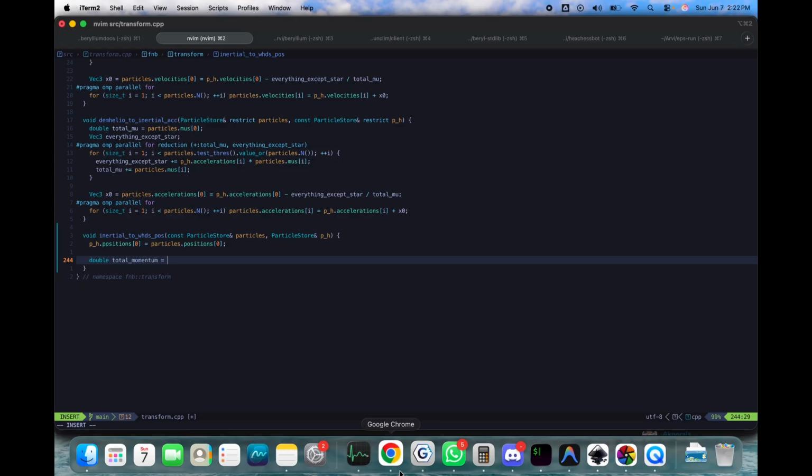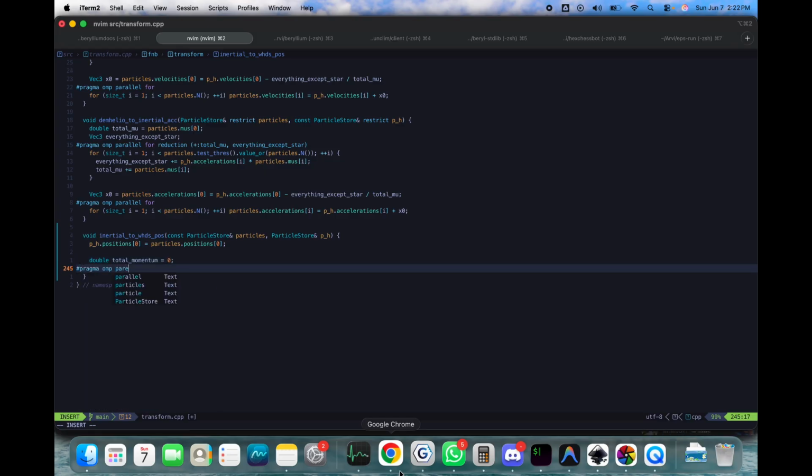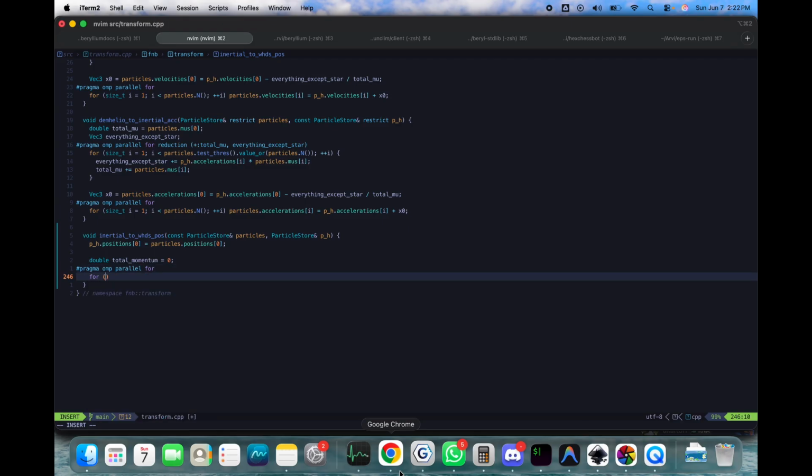That makes sense. Now P0 is the total system momentum, and if you divide that by total mass, the momentum equals 0. And now pragma OMP parallel for, size_t i equals 0, i less than particles dot n particles dot stress dot value, or particles dot n, plus i. Alright.